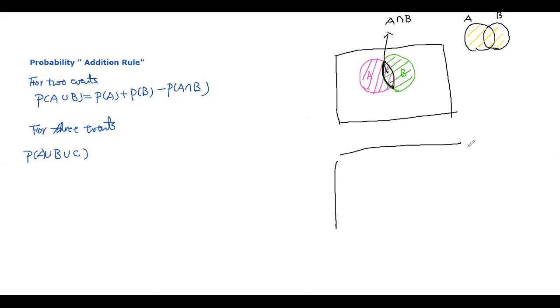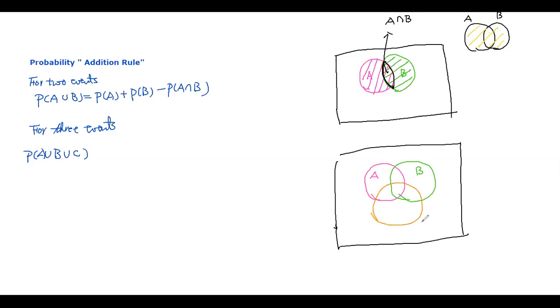Okay, so here this is my sample space. I have an A, so this is my A. Now I have a B here, so this is my B, and then this is my C. Now let's see the colors. First we say it is P(A) plus P(B) plus P(C).